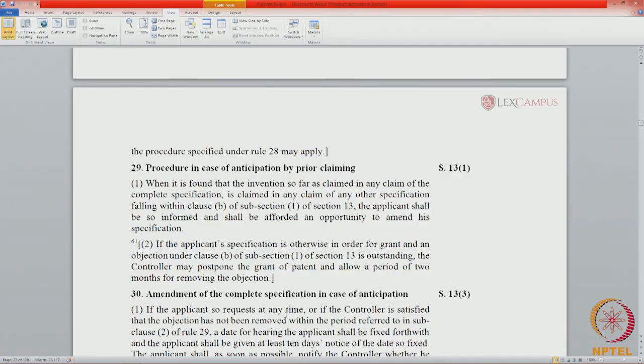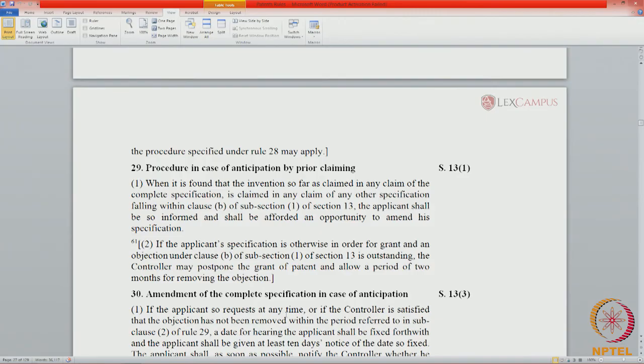So, the objections that an applicant would deal with in case of section 13, that is objections with regard to anticipation, the manner in which he would deal with the patent office is the same whether it is an objection for prior publication, anticipation by prior publication under section 13, or an objection under section 14.